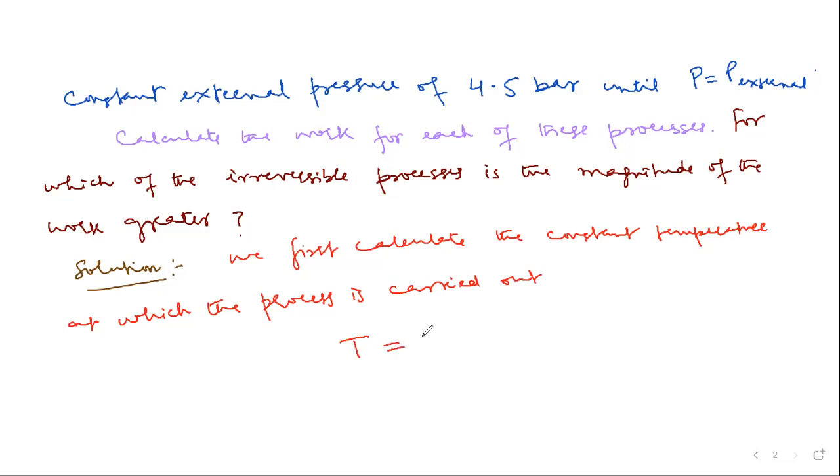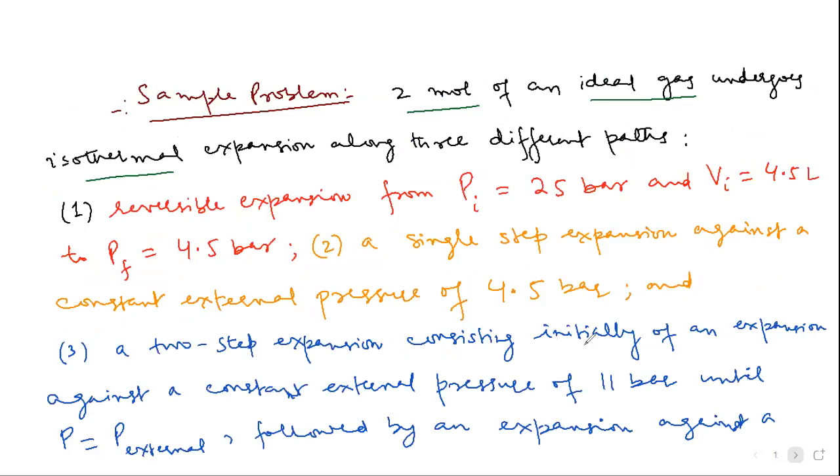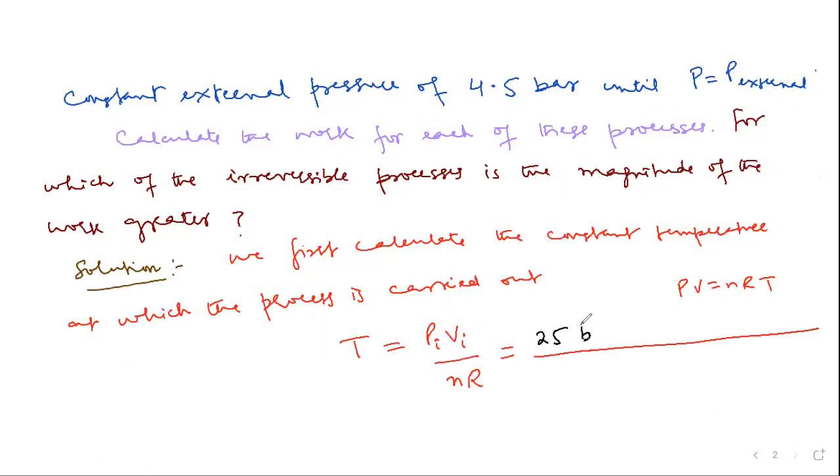Using the ideal gas equation. You know the ideal gas equation PV is nRT. I can write T equals PiVi by nR. I know initial pressure, initial volume, number of moles, universal gas constant. So I put the values. My initial pressure, remember, is 25 bar.